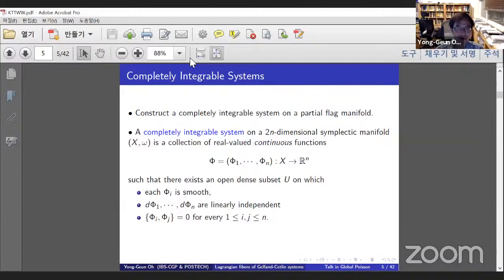They are smooth on an open dense subset, and their differentials are linearly independent. Actually, the functions of the completely integrable system associated to the Gelfand-Cetlin system are not smooth everywhere. There is a certain part where they are just continuous, but not differentiable. And they lie in the boundary of the so-called Gelfand-Cetlin polytope.